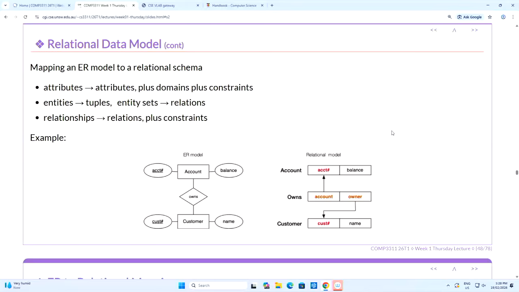A primary key is a key, and a foreign key is a reference to another table's primary key. Every strong entity should have a primary key, and when we are trying to link these tables together, we need primary keys. A foreign key needs to be referencing the primary key of another table.